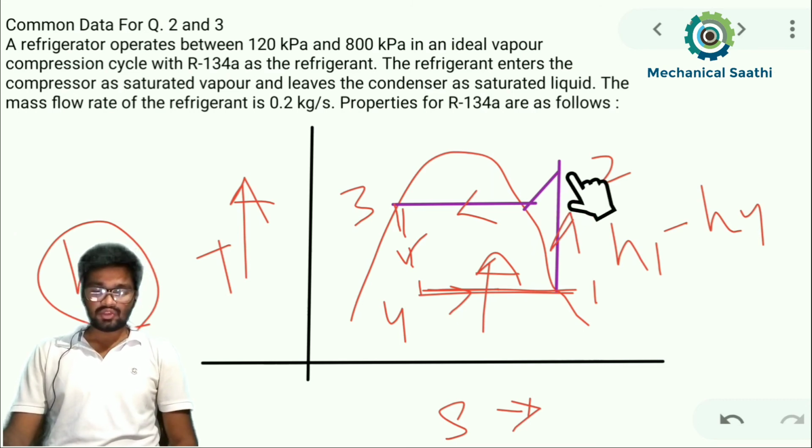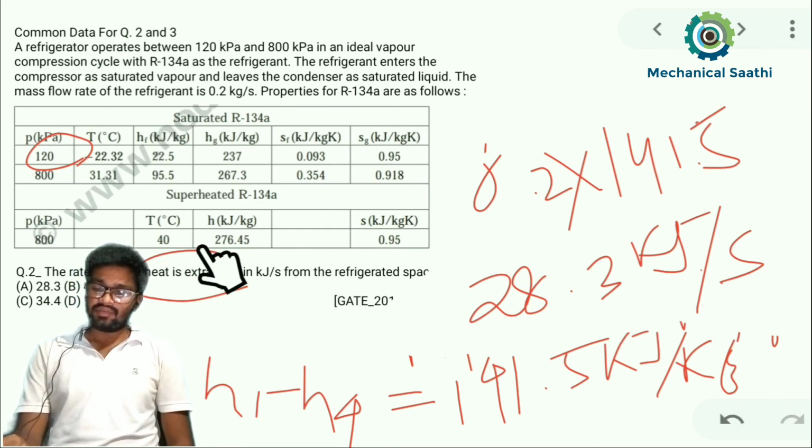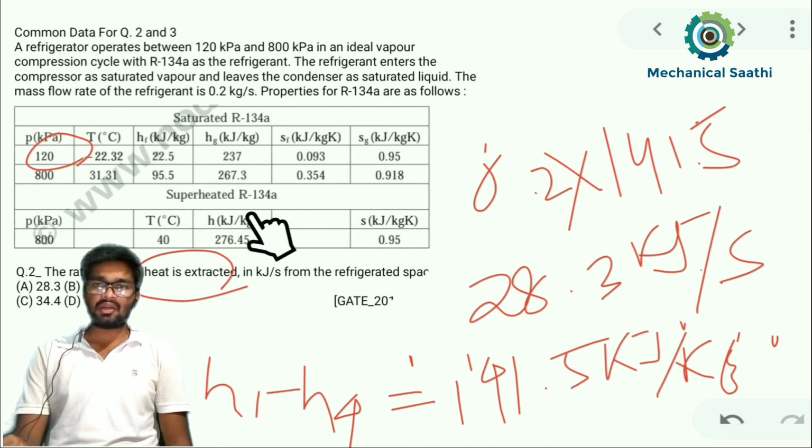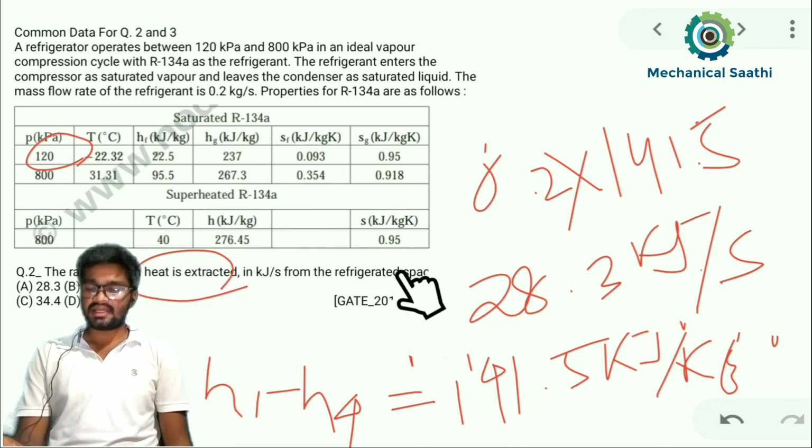So let us use the properties which are given to us. Here it is given the superheated properties of refrigerant R134A, and at 800 kilopascal the saturation temperature, that is 40 degree, and at 40 degree enthalpy and entropy are given to us.